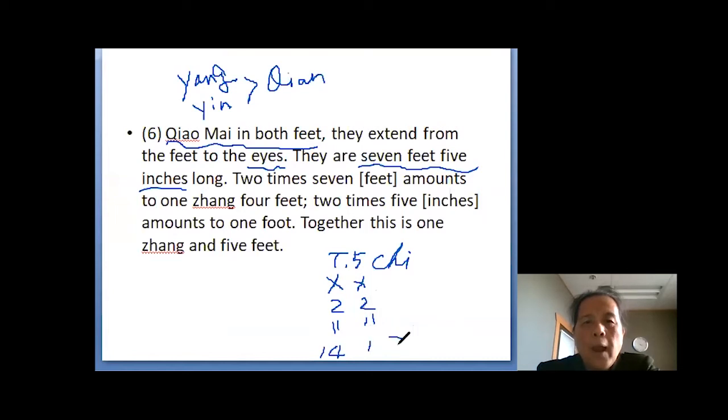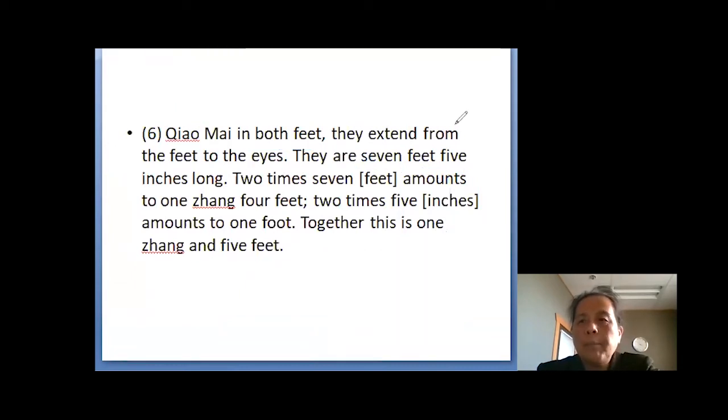And then equal 1 zhang 5 feet. So that's for 阳荞 and 阴荞 meridian together. They calculate coming from this. You just understand here. You are not necessary to remember the number here.